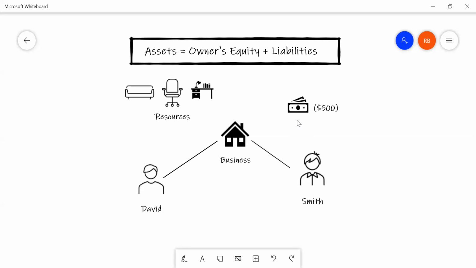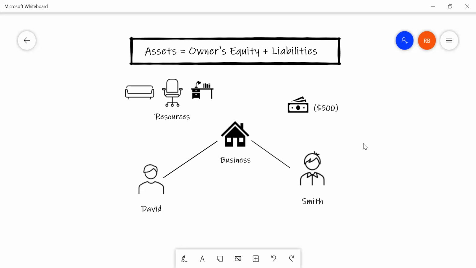Now let us talk about the owner's equity. In a simple manner, we can discuss it like this. The difference between the assets and liabilities is equal to owner's equity, right? Or in other words, the owner's part of the business is considered as owner's equity.